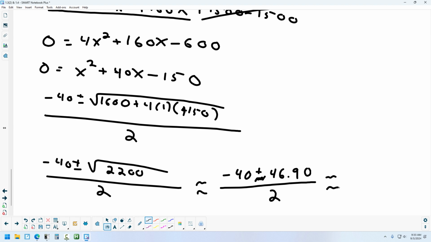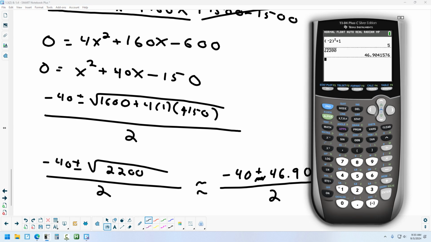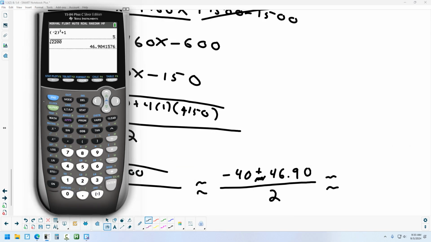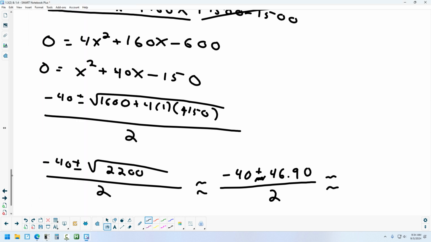So we've got negative 40 plus 46.9, divided by 2. And the book said 3.5, so it's about 3.45 feet. That's the width of the sidewalk.